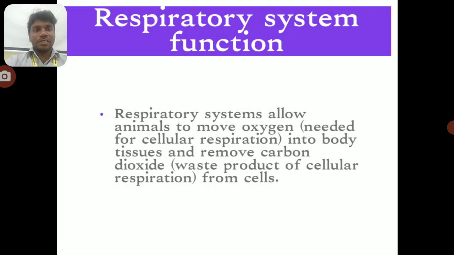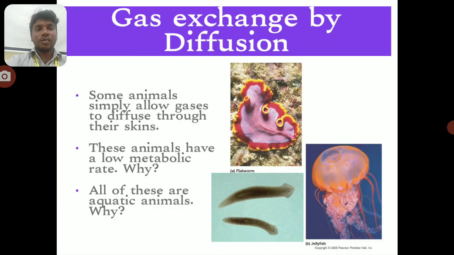The respiratory system allows animals to move oxygen needed for cellular respiration into body tissues and remove carbon dioxide, the waste product of cellular respiration, from the cells. Some animals simply allow gases to diffuse through the skin.